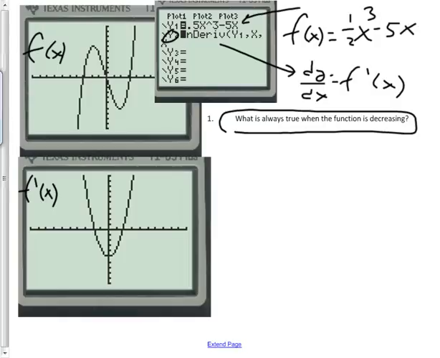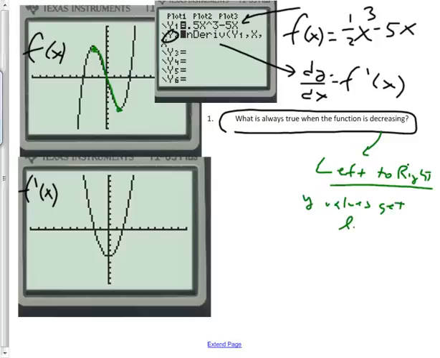And where is it decreasing? Well, the function is decreasing right here. Decreasing meaning that it's going left to right, going down. When you go left to right, the y values get less. So when my function is decreasing, if I look at this range on my derivative function, that's here.